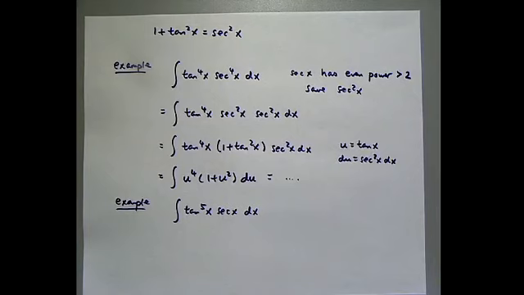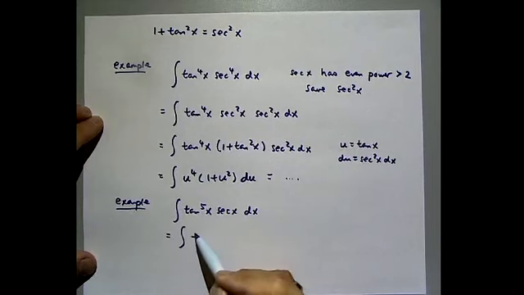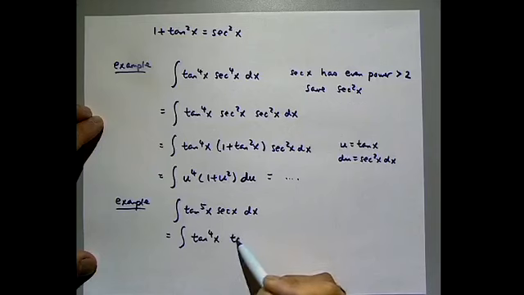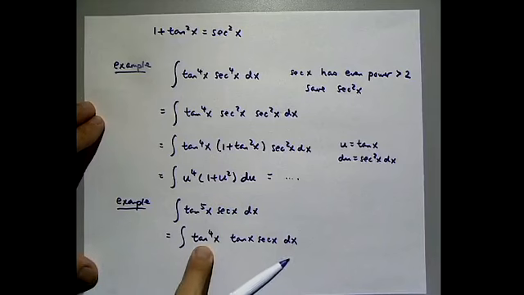Again, you look at secant to start. Does secant have even power? No. In that case, we're going to save a factor of secant tangent. But we're going to let u be secant of x. So this has to be turned into something to do with secant.